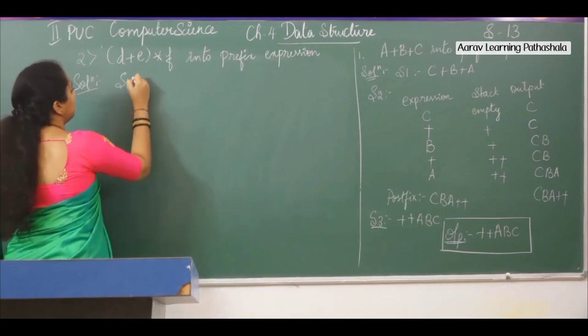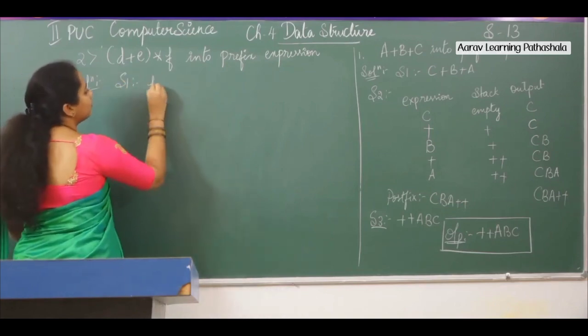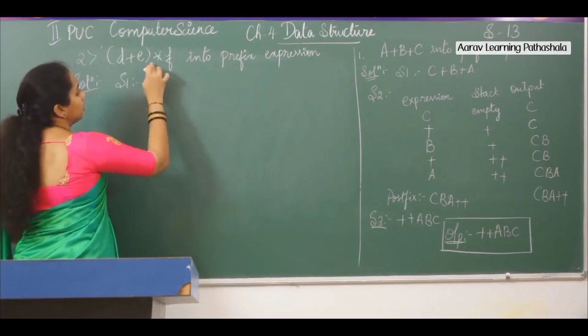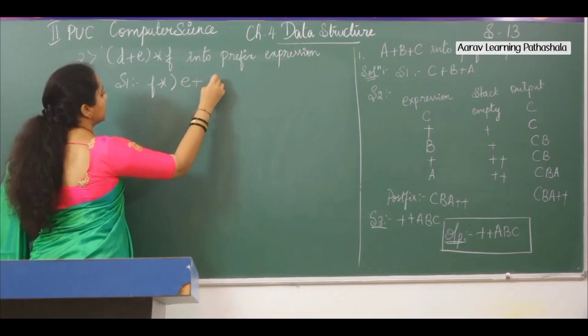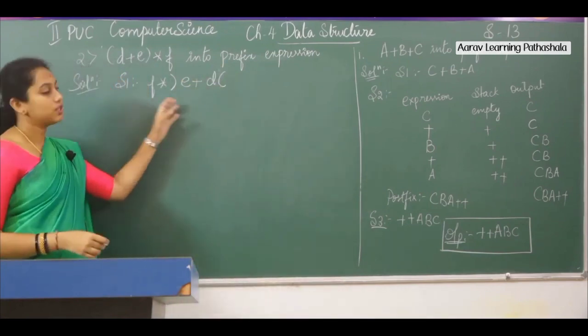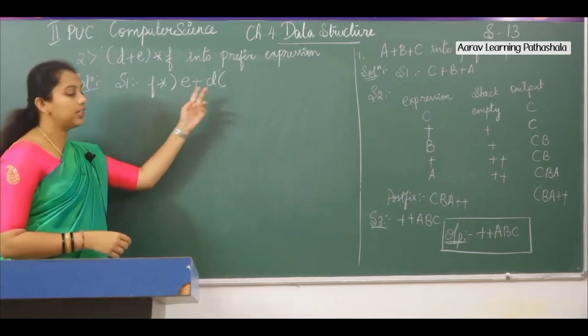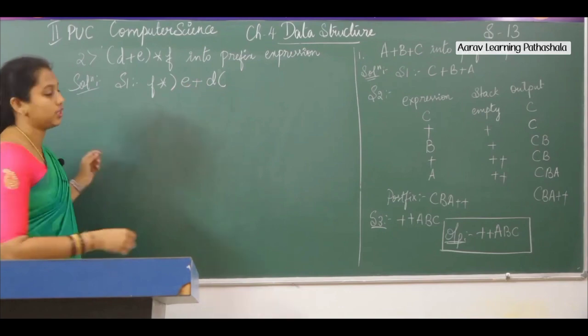First step, we have to reverse the given infix expression, that is F into closing bracket E plus D opening bracket. So here we have left and right parenthesis. So what we have to do? We have to interchange that.